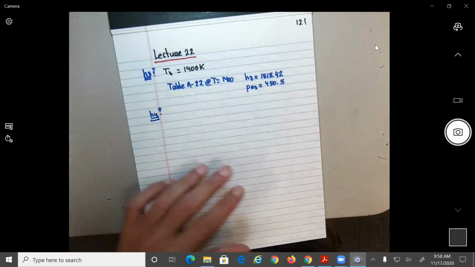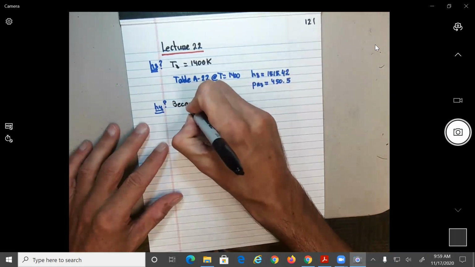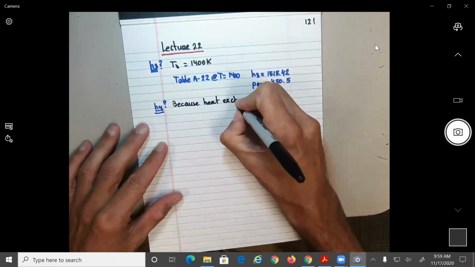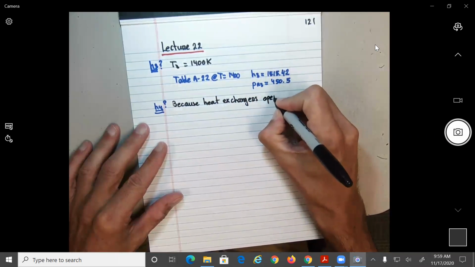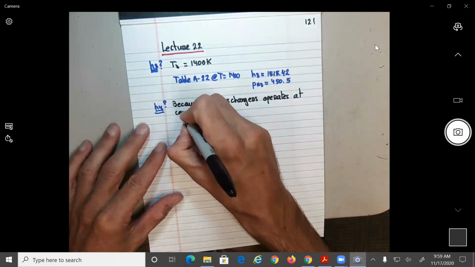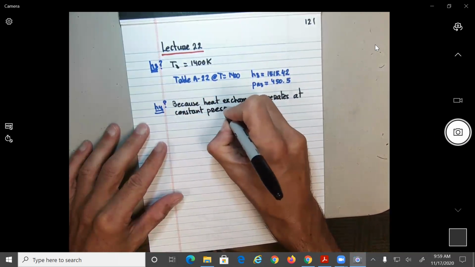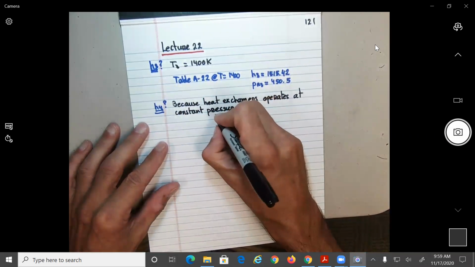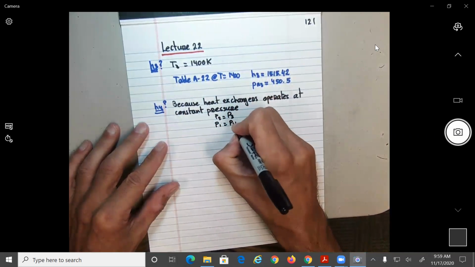So if you want here, we can say because heat exchangers operate at constant pressure, which means basically P2 equal to P3 and P1 equal to P4.